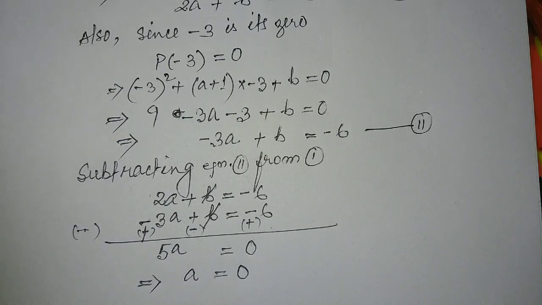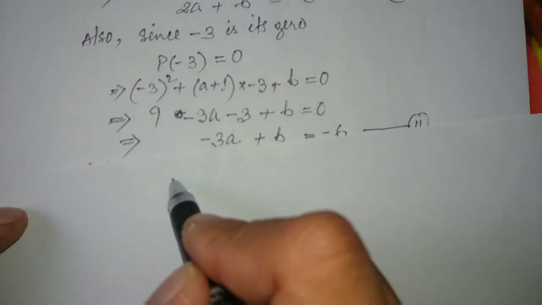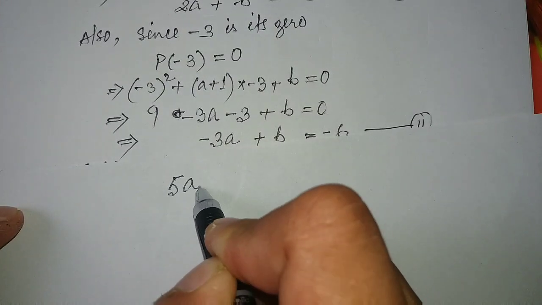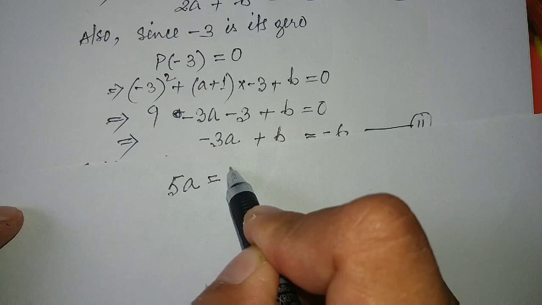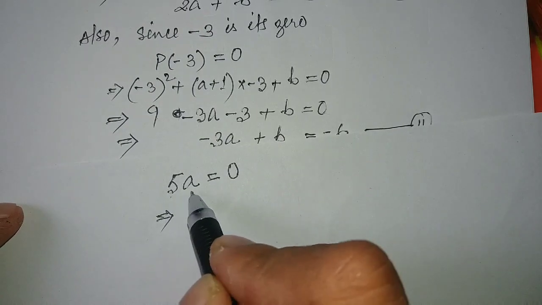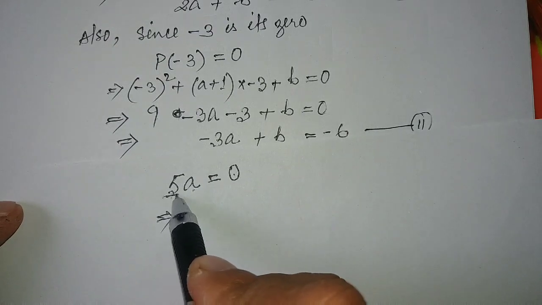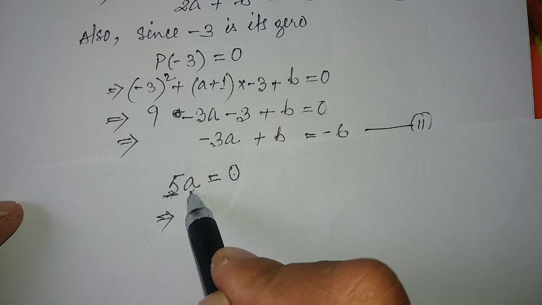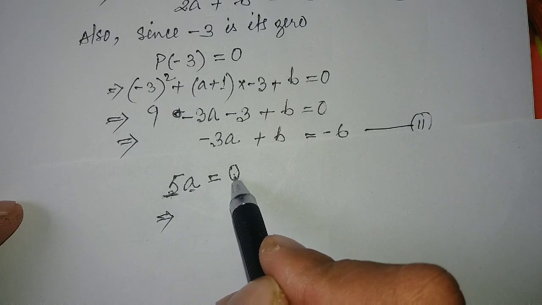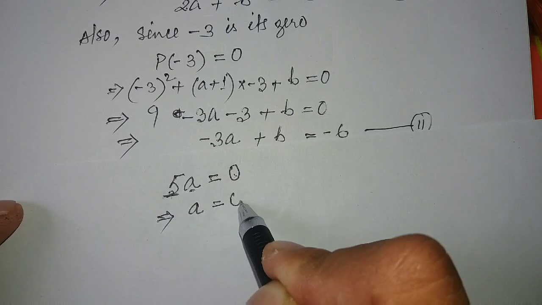Now this is a very simple concept. 5 into a is 0. So since 5 is not 0, a must be 0, otherwise we will not be getting 0 here. So this follows a is equal to 0.